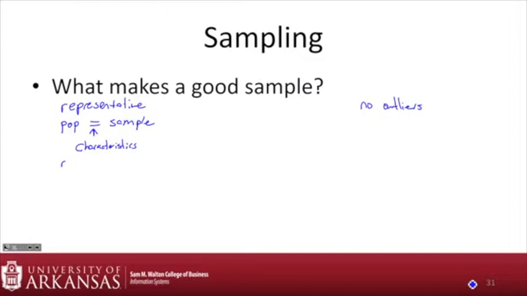We may find a sample with the right characteristics, but what if it's rare? So you should be able to replicate the sample. If I did multiple samples, they should have similar outcomes. So not just some weird outlier samples, but a representative sample.